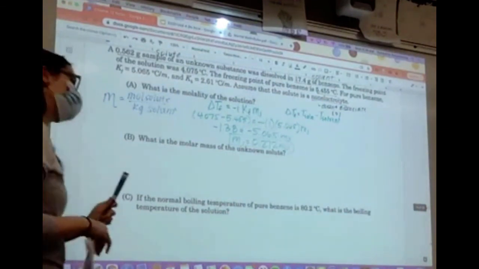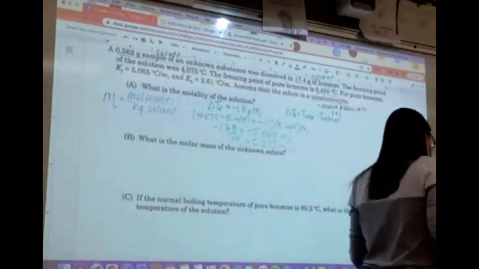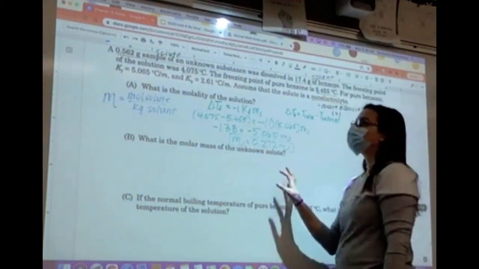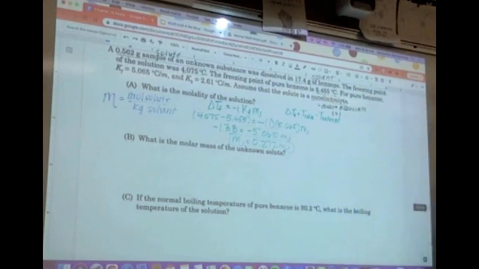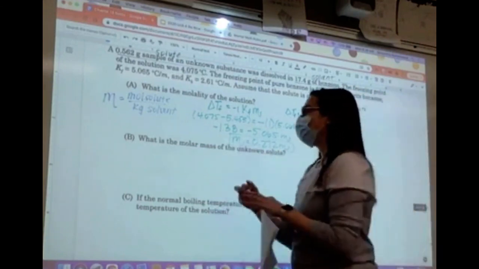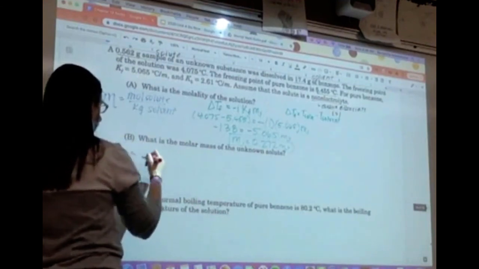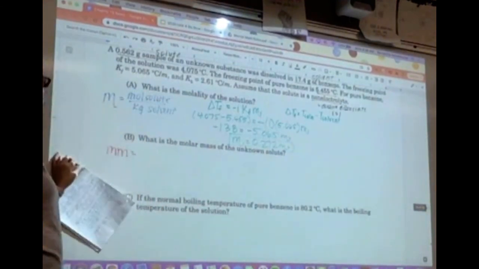Now part B. This is actually a very common use. Even in a lab, there are a lot of chemists who use freezing point data to find the molar mass of a substance. Remember that molar mass is just grams per mole.